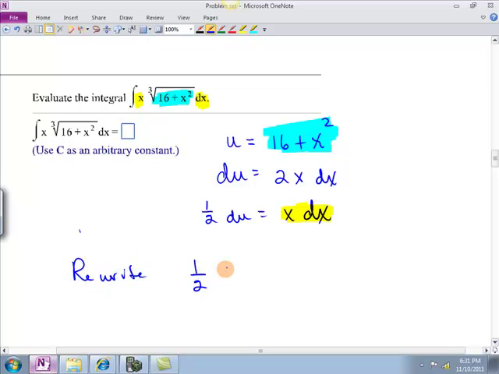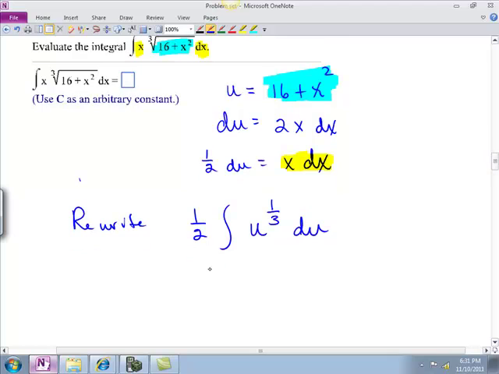The 1/2 outside, integral of, what is it? What's going in here? U to the 1/3. Because this is a cube root thing, there's a 1 around the whole thing that's inside, so it can be 1/3. Okay? And then what is the integral of u to the 1/3?